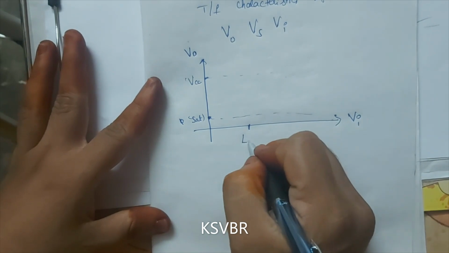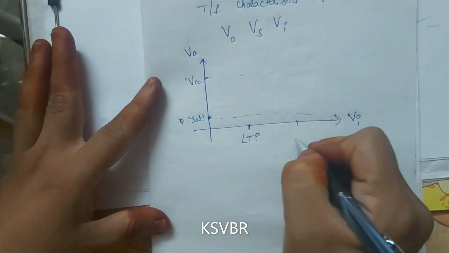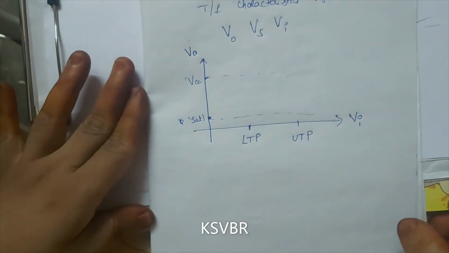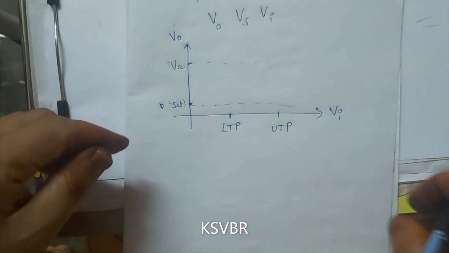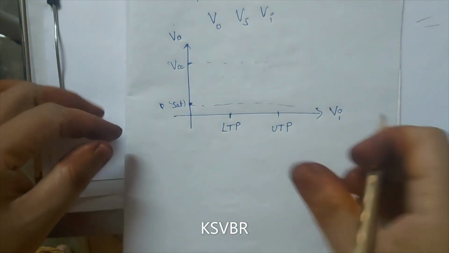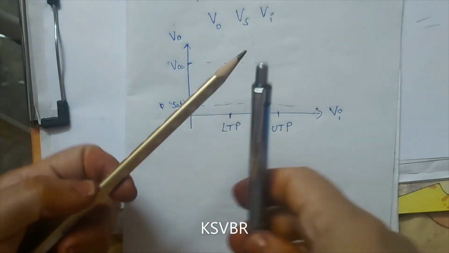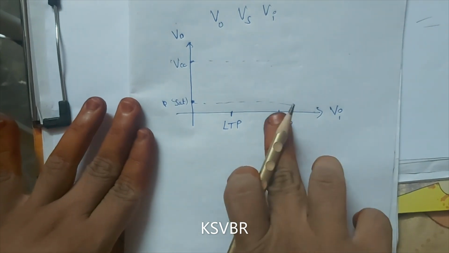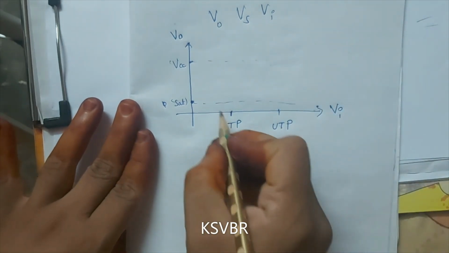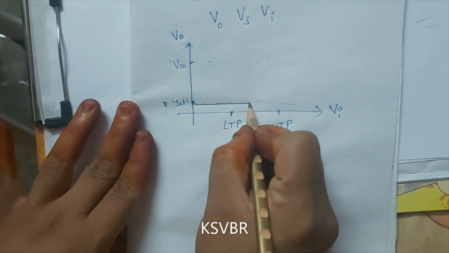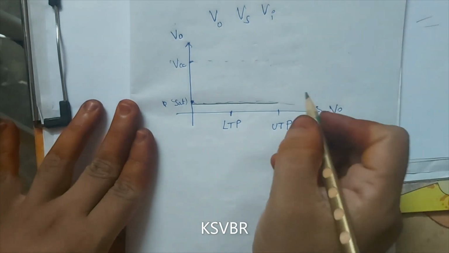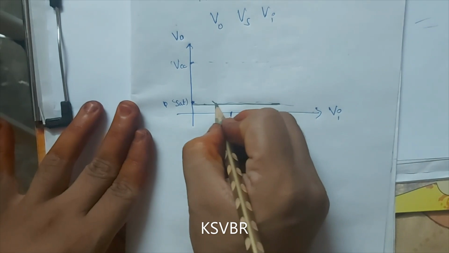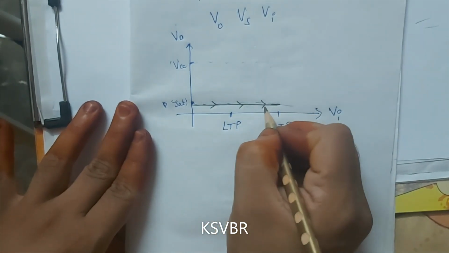There are 2 points for input voltage, LTP and UTP. I am showing 2 variations with pen and pencil. See, the pencil I am using to determine UTP. V input is varying. Whenever the UTP point comes, that means it is going in this direction.